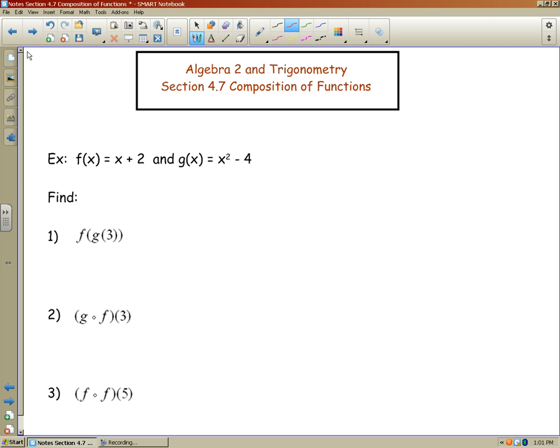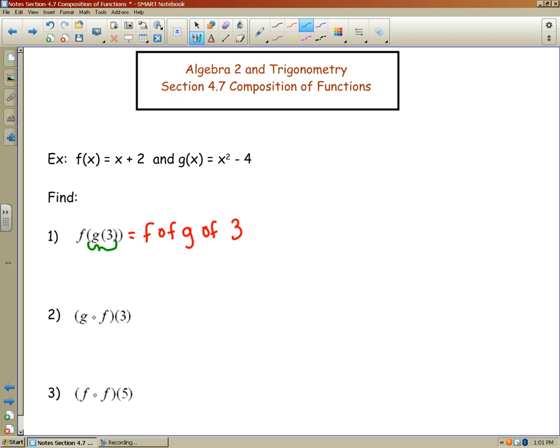So let's do some examples. We want to find F of G of 3. First thing we do is the inside parentheses. Think of order of operations, where we do parentheses first. Same kind of idea applies here.